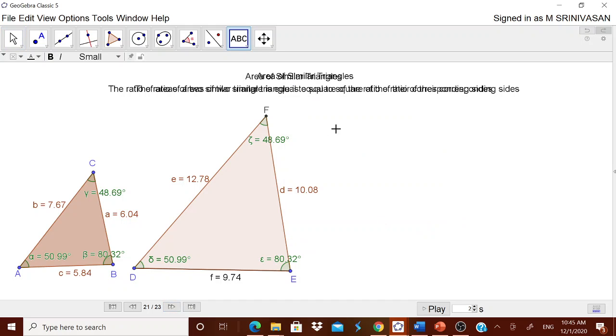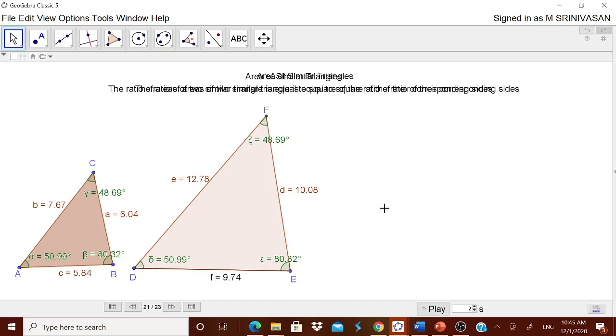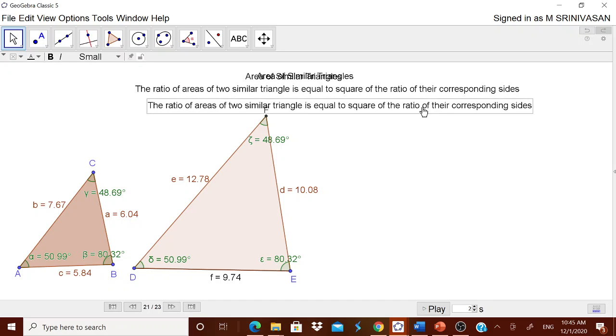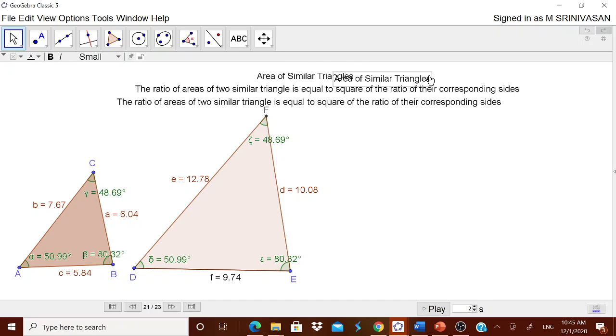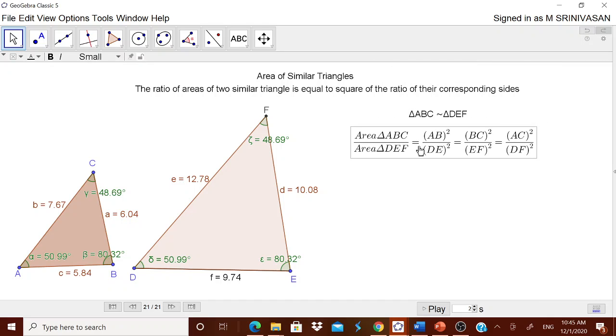Well, now I have taken two triangles which are similar. First one is similar to the second one. And I have taken the ratio of the areas property: area by area is equal to AB square by DE square, BC square by EF square, and AC square by DF square.